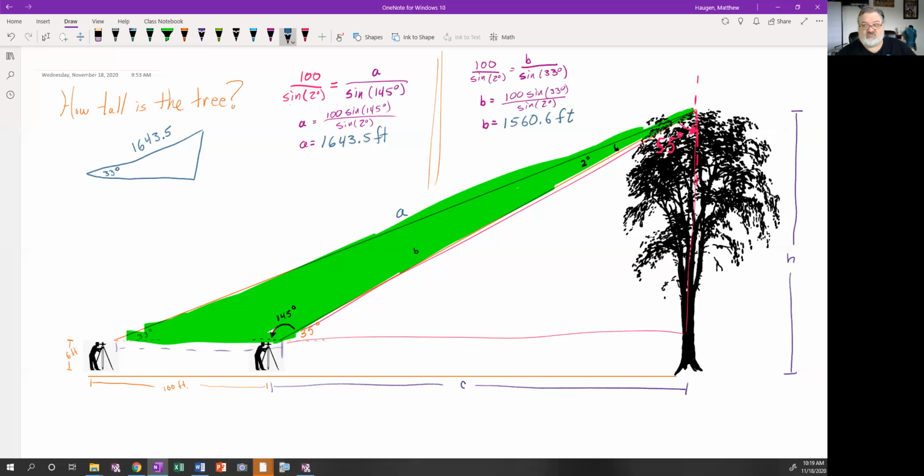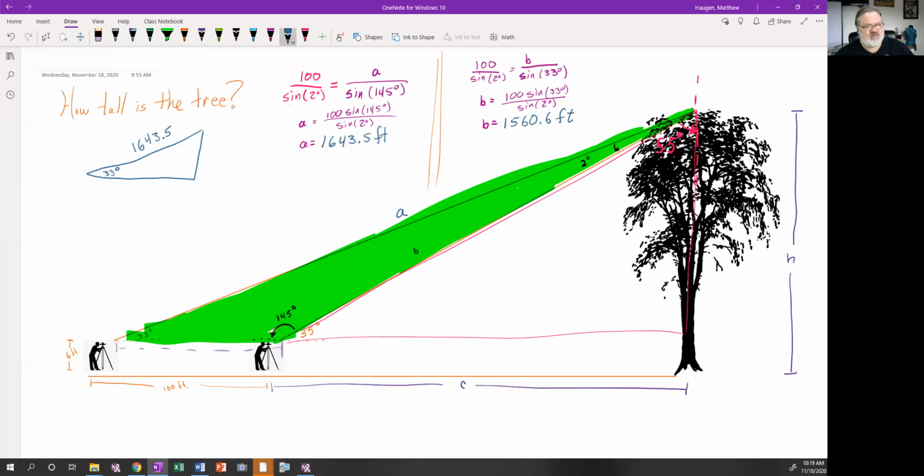I want to argue with that. I wouldn't use law of sines. I kind of want to argue with myself about that. How so? Because you can use law of cosines for it, because you have one angle and a side.